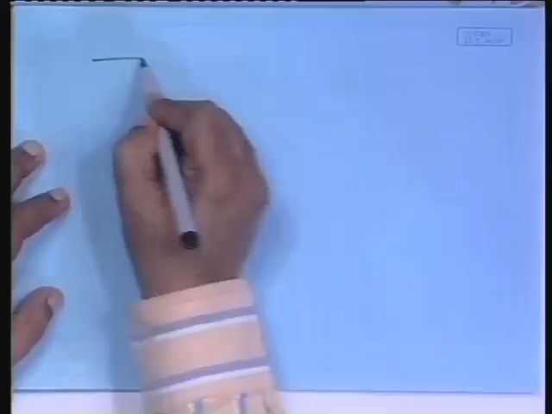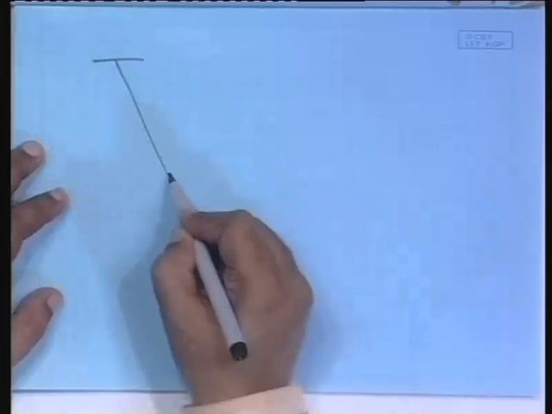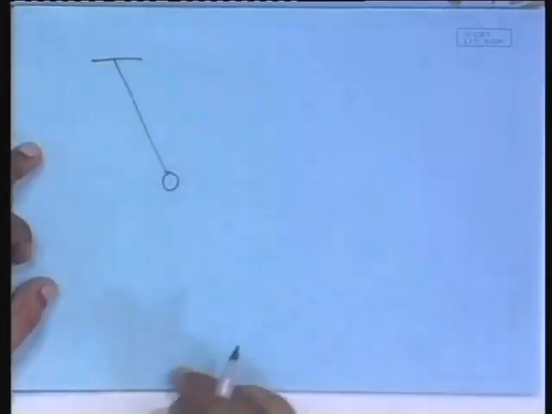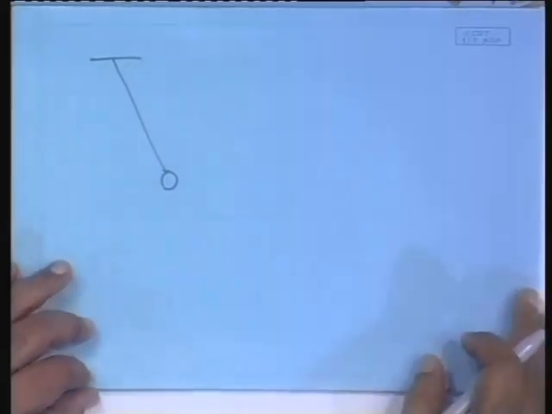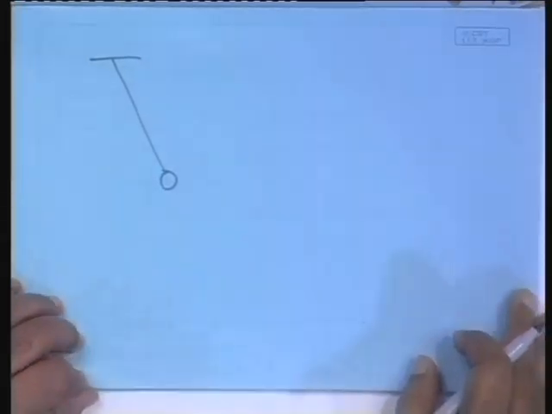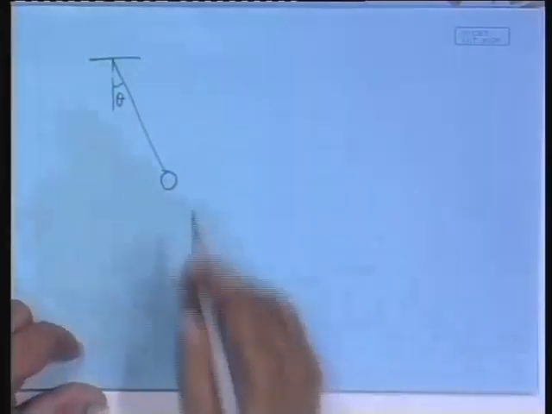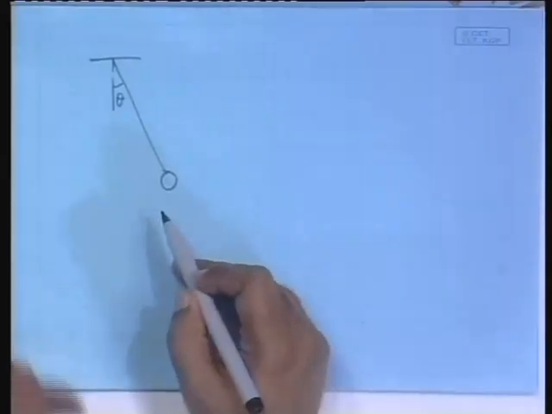I am giving you the task of working out now. The simple pendulum. Here is a support, from here, this fellow. Obtain first its dynamical equation, in terms of theta, of course. You will not do it in x, y, z coordinates, that will be foolish.